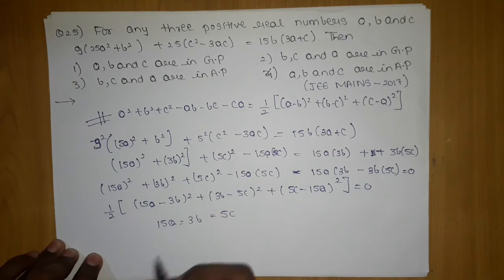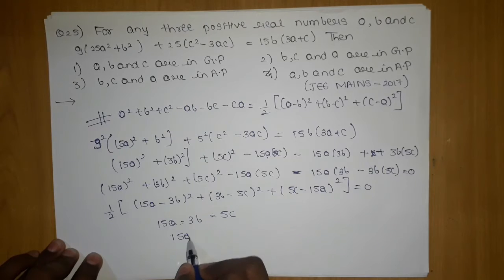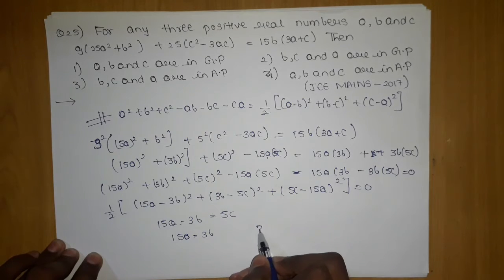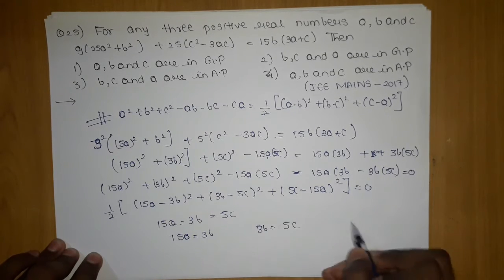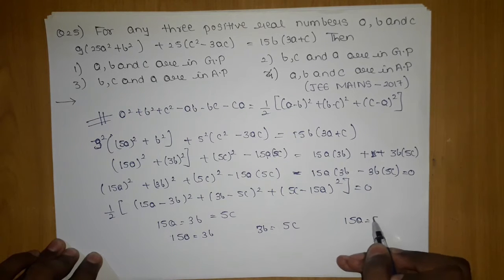Now you can consider each of them separately: 15a = 3b, 3b = 5c, and 15a = 5c.